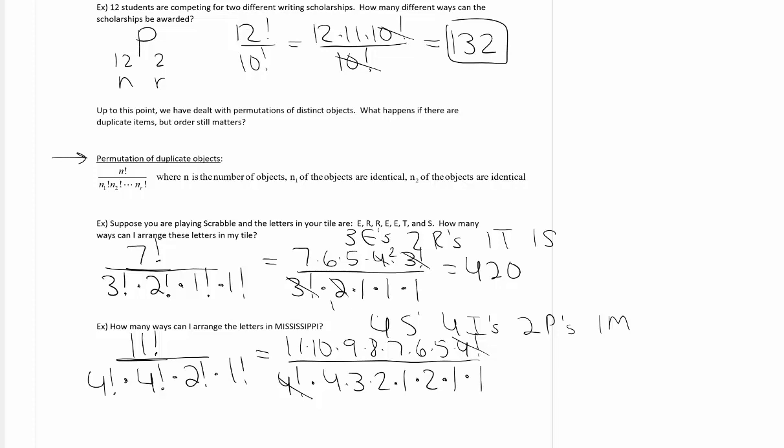So at this particular stage, I can start dividing out common factors. The 4 times 2, which is 8, I can divide out the 8. The 3 times 2, which is 6, that goes away. So at this stage, I have 11 times 10 times 9 times 7 times 5 to put into the calculator. That's 34,650.